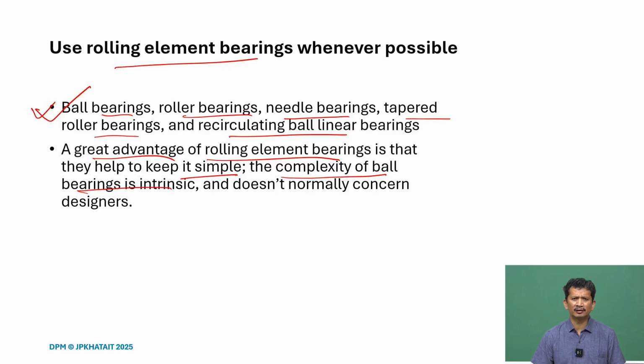You look for the standards, you look for the loading and the life you want, and you follow the design methodology, the selection method, and we just do that. How the bearings are made, designers are normally not concerned. So yes, it is simple to use, and the complexity is intrinsic.